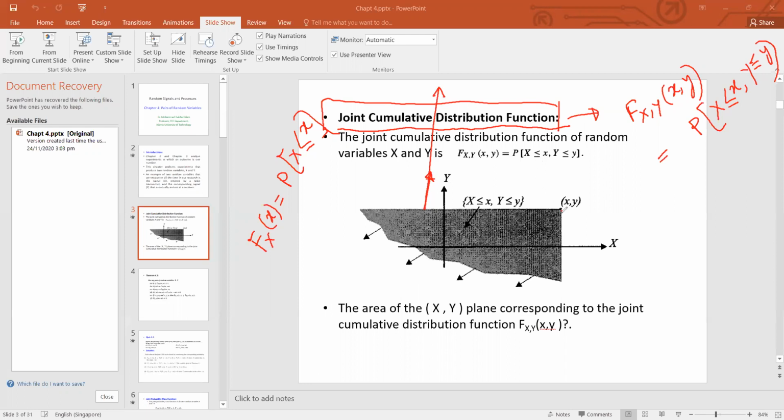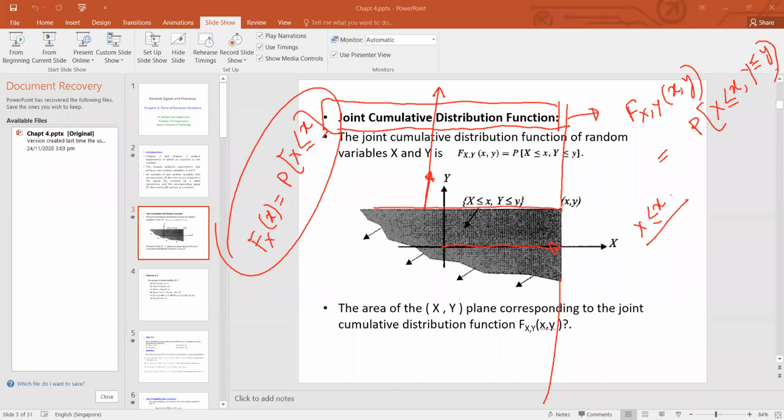So we are not considering the y value, only the x value, when we talk about F_X. But now in this joint CDF, the x value has to be less than x, and for the y value we are also making a boundary. The y value also has to be less than y.